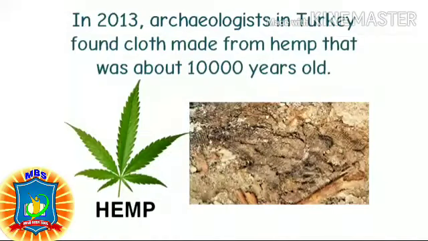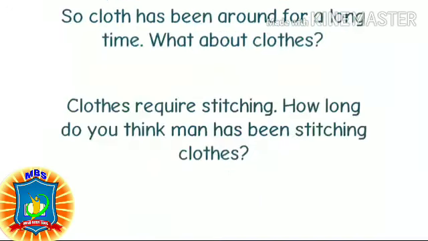In 2013, archaeologists in Turkey found cloth made from hemp that was about 10,000 years old. So cloth has been around for a long time. What about clothes? Clothes require stitching. How long do you think man has been stitching clothes?